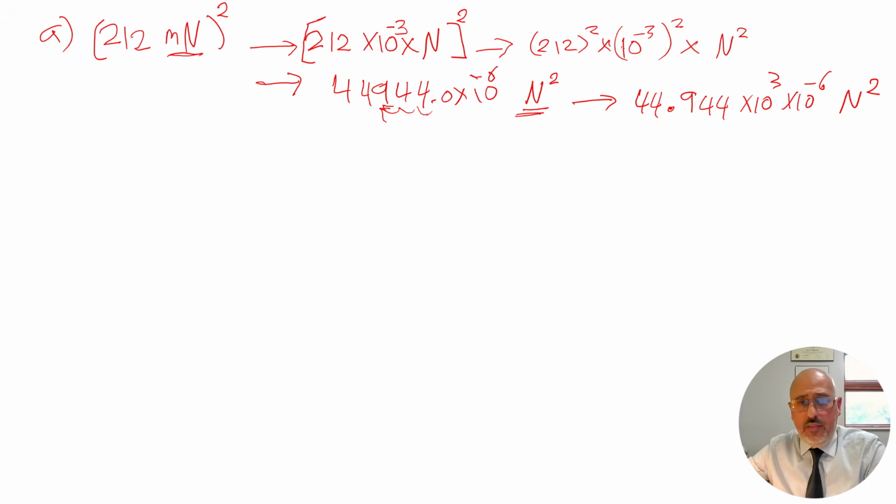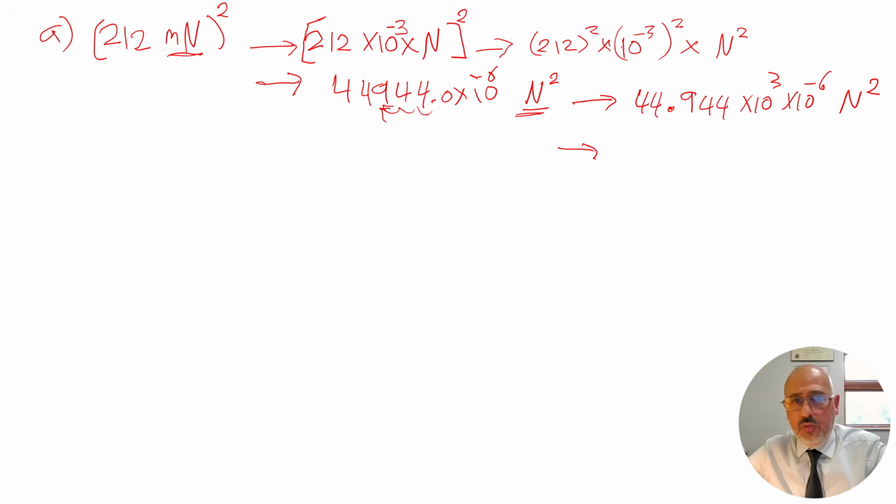Now, I'm still having 5 significant figures here, so we need to make sure that we have only 3 significant figures. So I will see if I can do rounding with the rightmost digit. This is 4, which is less than 5, I can ignore it, and this is also 4, I can ignore it. Remember, the rule is that if the number is larger than 5, you do the rounding.